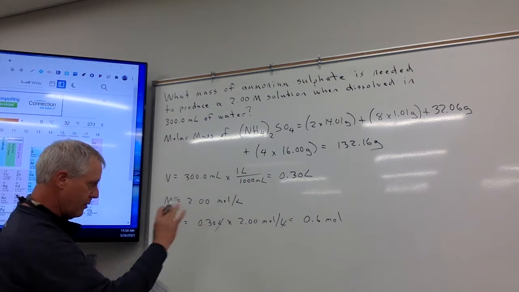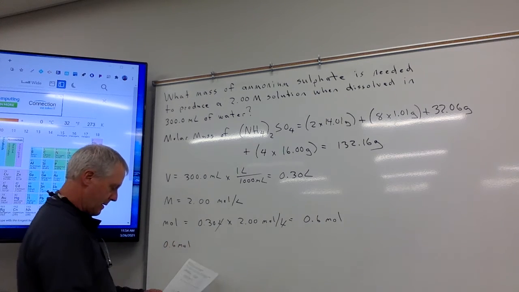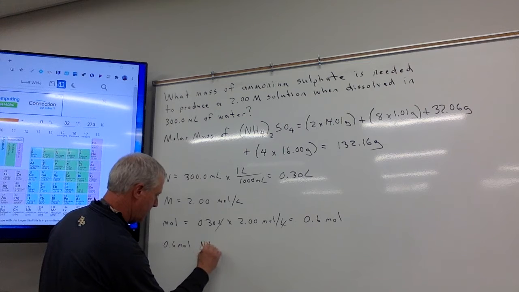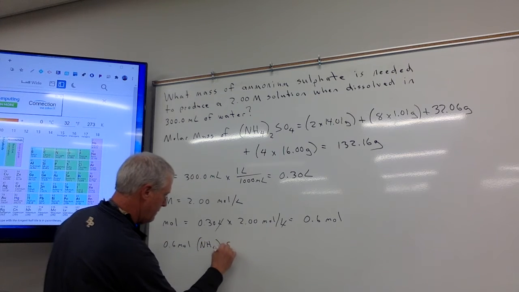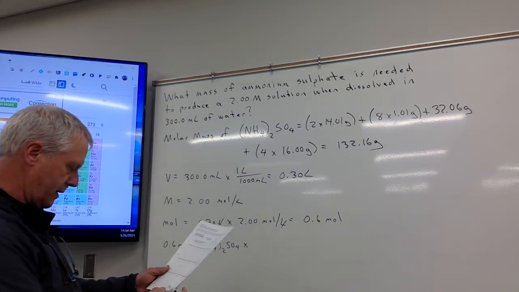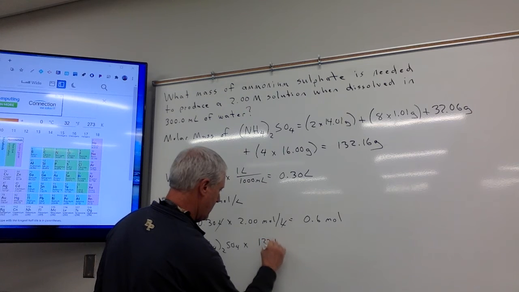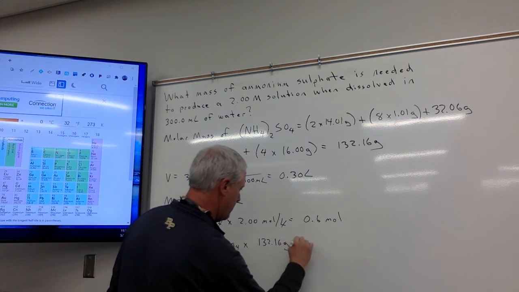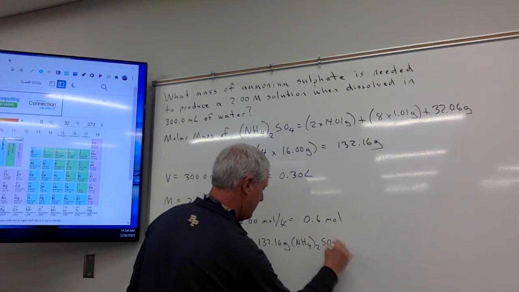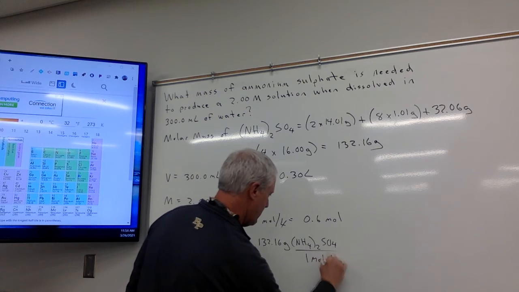Now, let's then convert our moles to grams. So 0.6 moles of ammonium sulfate. And then what we know about that is that there is 132.16 grams of ammonium sulfate for every 1 mole of ammonium sulfate.